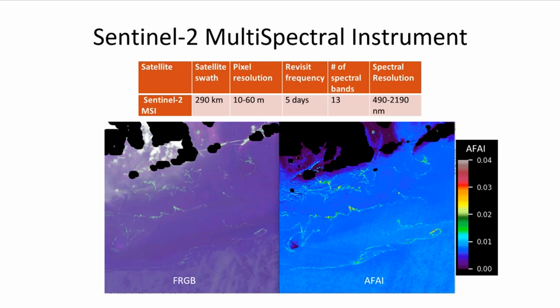So FRGB images, we know about red, green, blue images. In FRGB, the green band is replaced by an infrared band, which allows features to stand out against the water. In this case, we see these sargassum slicks in green. FRGB images are also good because we can see clouds, whereas in the AFAI images, the clouds are masked.